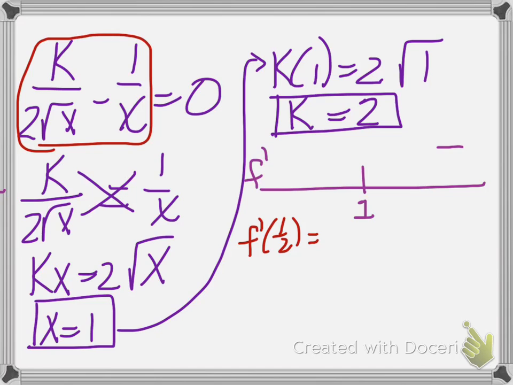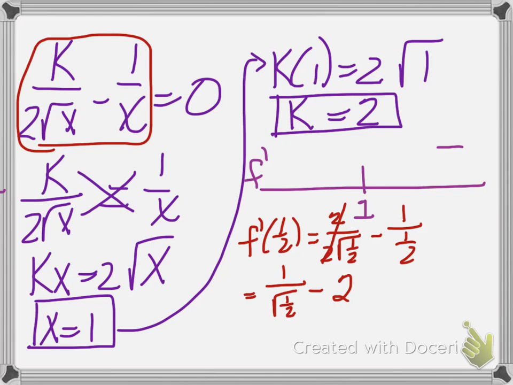I get k, which is 2, over 2 times radical 1/2 minus 1 over 1/2. So these 2's cancel, and you're left with 1 over square root of 1/2 minus, if you have 1 over 1/2, that just becomes 2.